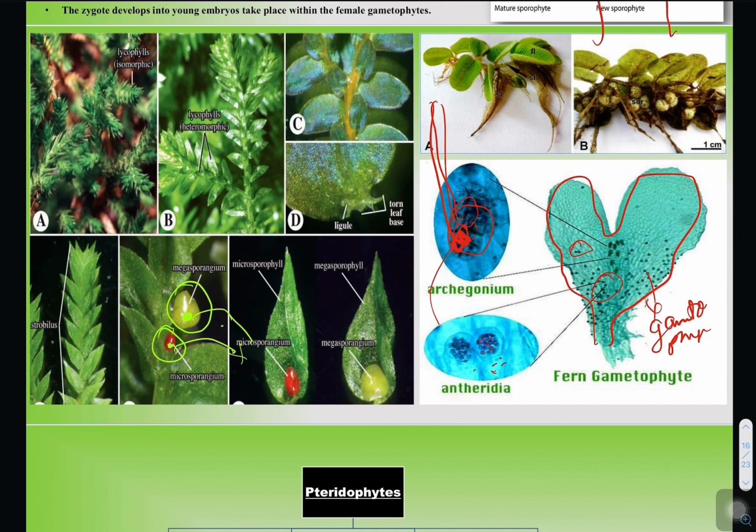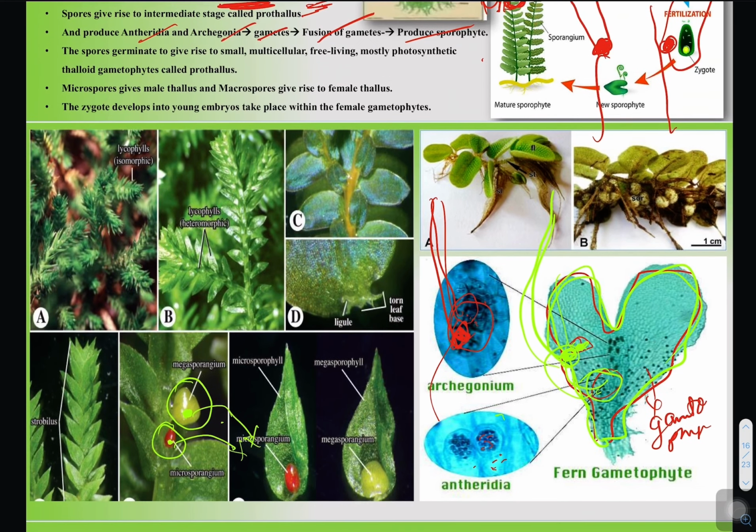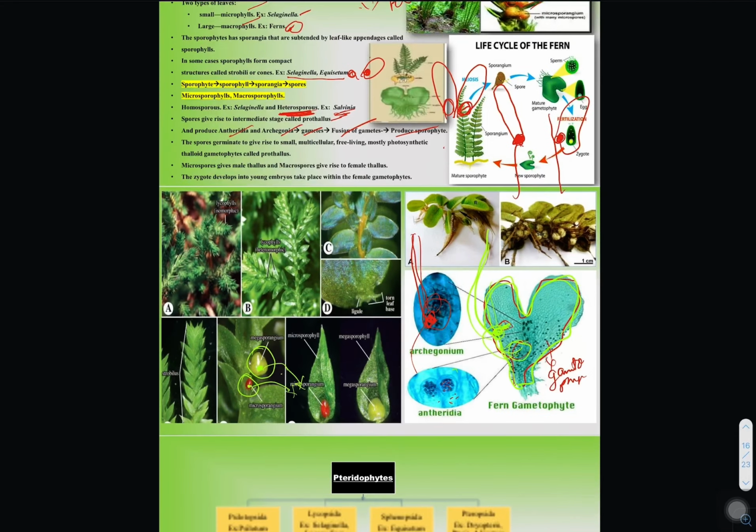Once they fall down, they give rise to a prothallus. When they give rise to prothallus, male reproductive structure and female reproductive structure will be there. They give rise to Antheridia and Archegonia, that is egg cell. They both fuse together and give rise to a sporophyte, and again they give rise to spores. These are some of the examples.